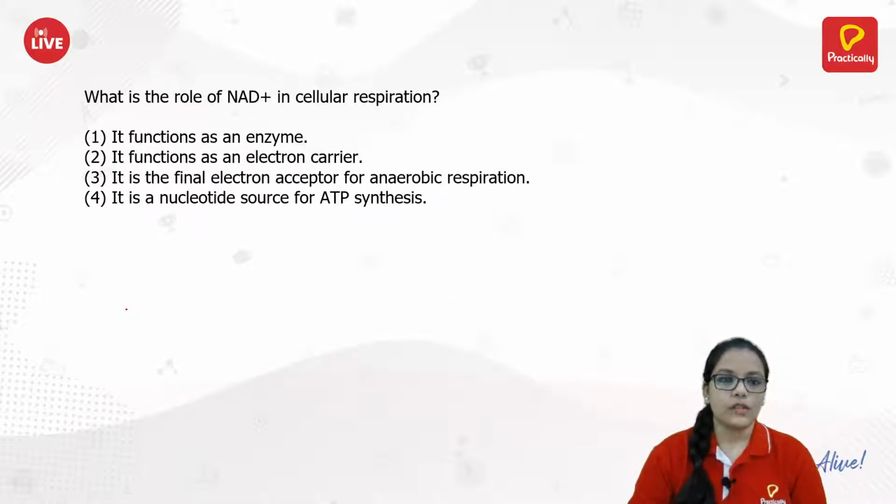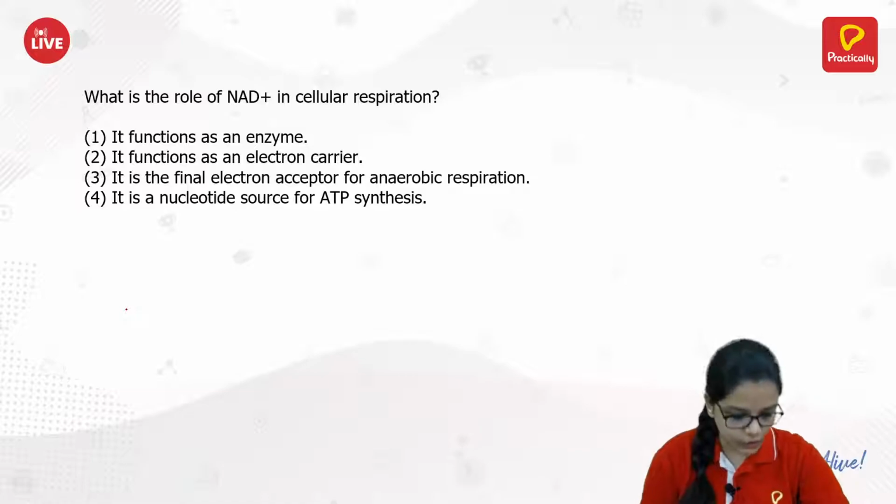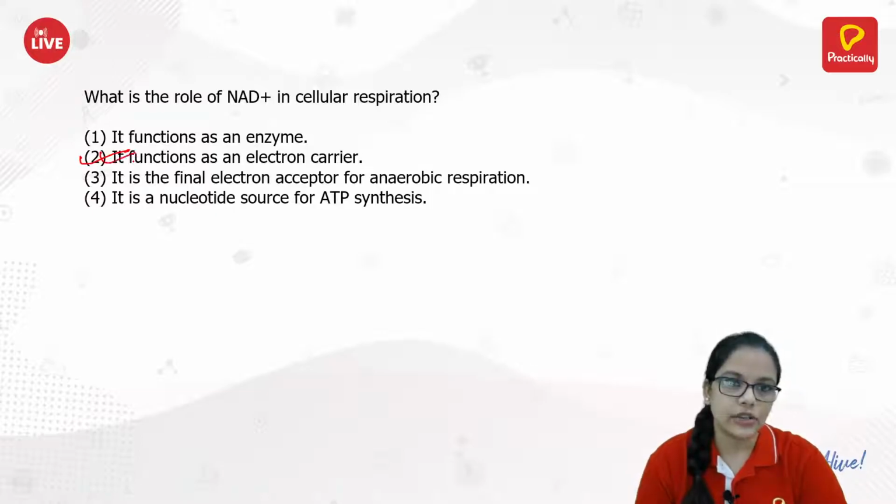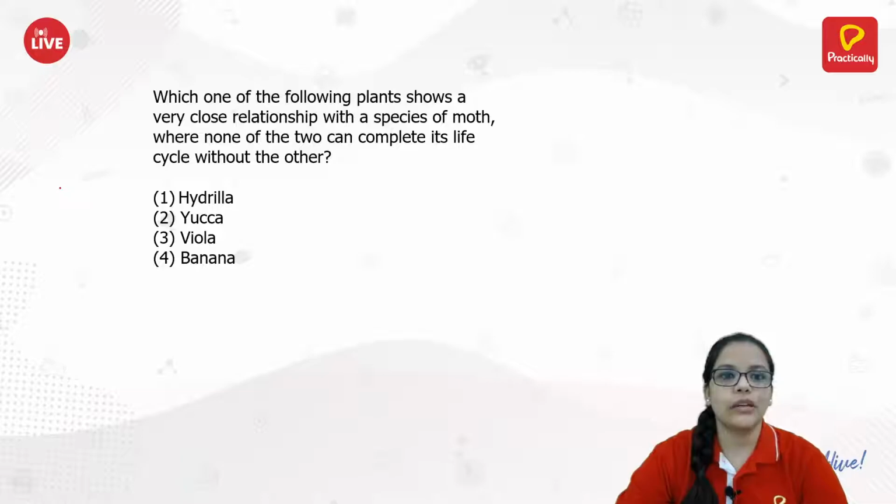Okay. What is the role of NAD plus in cellular respiration? NAD plus functions as an electron carrier. Which of the following plants shows a very close relationship with species of moth?